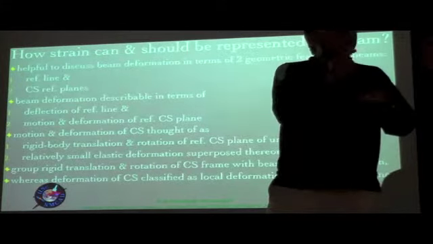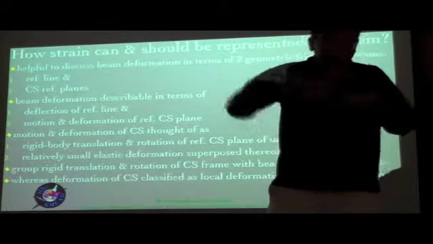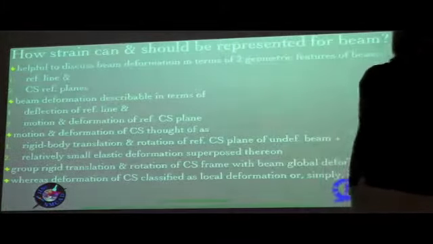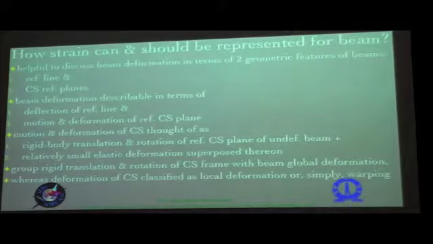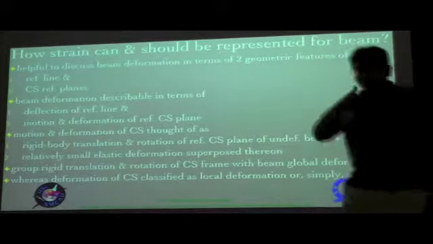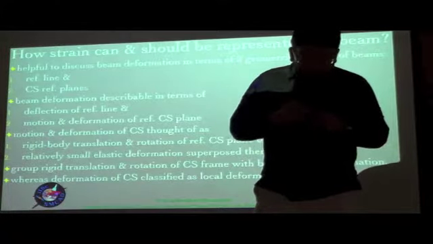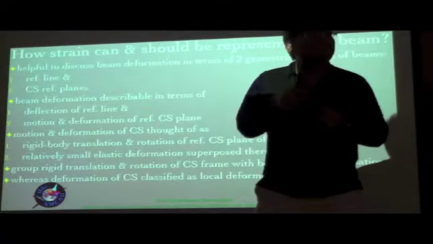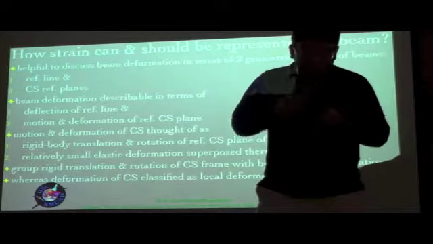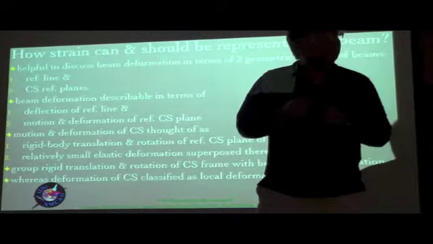You still have this so-called concept of local rotations, where in an arbitrary shaped cross-section, something like this, in a class R beam, you have a cross-section like this. You can take any two points on that cross-section which are fairly close to each other, and draw a line connecting them.